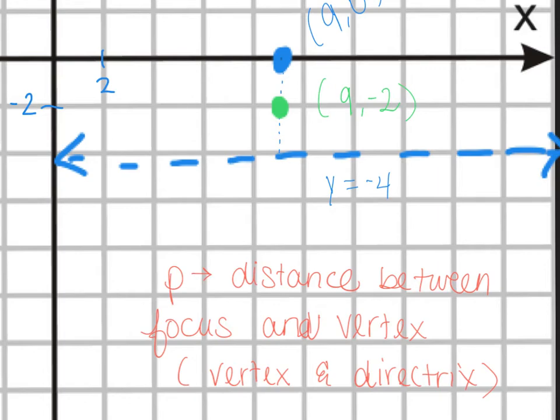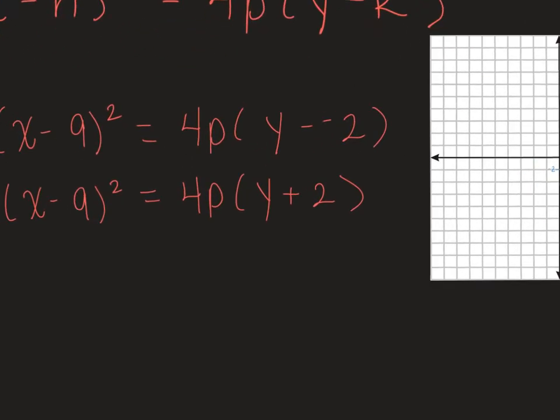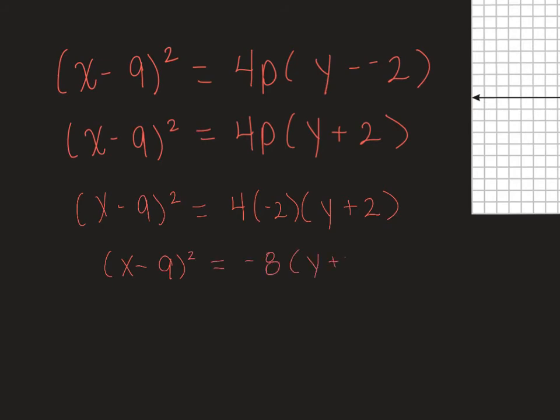Okay, so let's go back to our equation. And now we know that our p is -2. So we get that because that's how far down we had to go to get our directrix from the vertex. So our next line is going to look like (x minus 9) squared equals 4 times -2 times (y plus 2). So you can clean this up and we'll have (x minus 9) squared equals -8 times (y plus 2).